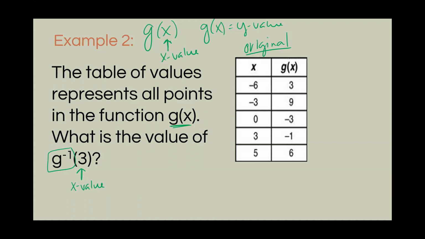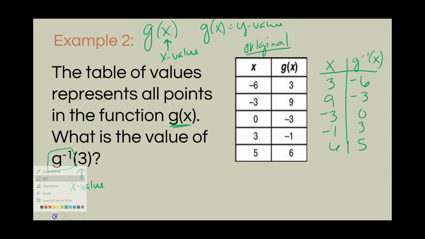So first, we have to make the inverse table. That's like what we just did in example 1. You're going to switch your x and y's, so my y's become my x's, and my x's become my y's. After you do that, then you can answer the question.